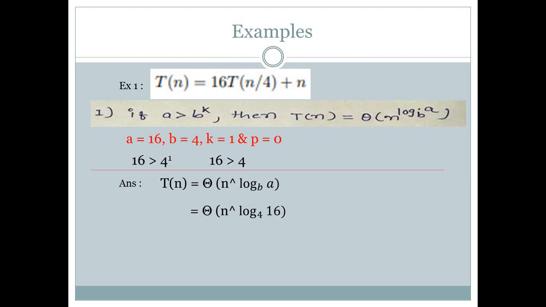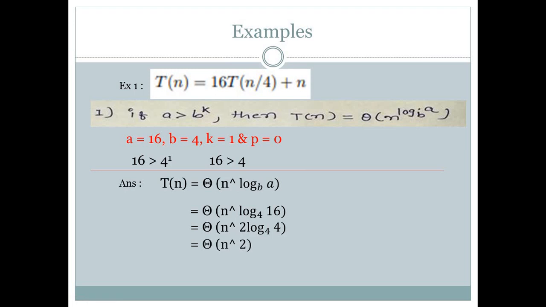Here we can write 16 in the form of 4 raised to 2, that is, 4 squared is 16. The logarithm rule says that you can bring the power 2 to the front of the logarithm, so it becomes 2 log 4 at the base 4. The logarithm rule also says that log 4 at the base 4 is 1.